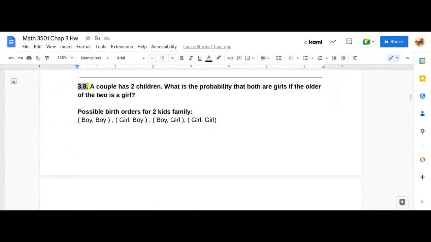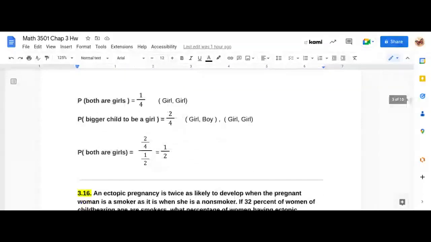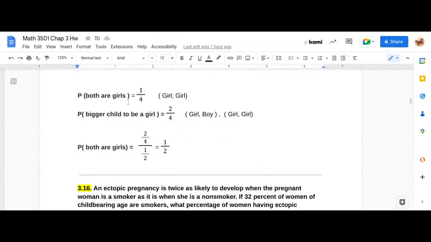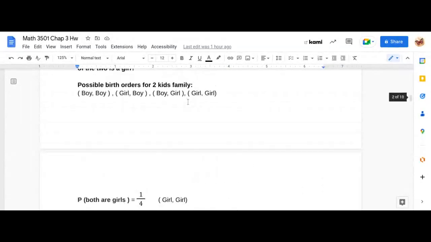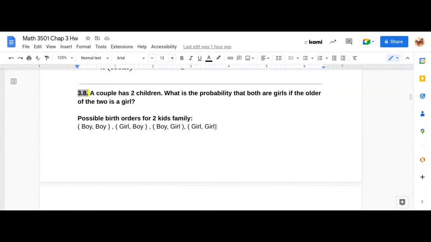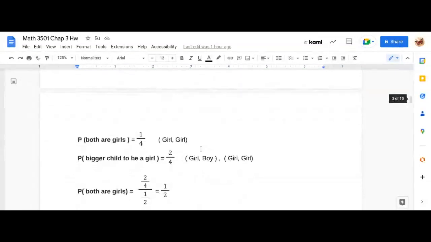So the question is: a couple has 2 children. What is the possibility that both are girls if the older one is a girl? The possible birth orders are boy-boy, boy-girl, girl-boy, and girl-girl. So the possibility of both being girls is 1 out of 4, which is girl-girl from this list. It's the only one that has 2 girls.